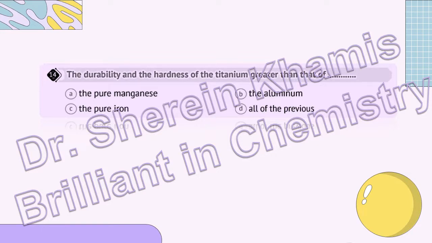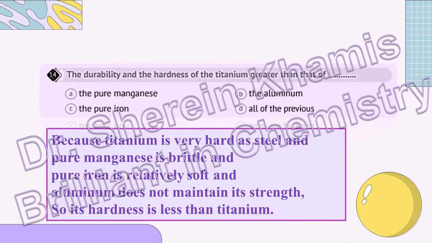We want to discuss each one: pure manganese, aluminium, pure iron, and all of the previous. Titanium is very hard, as hard as steel.